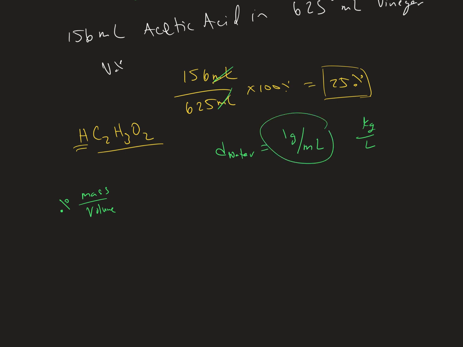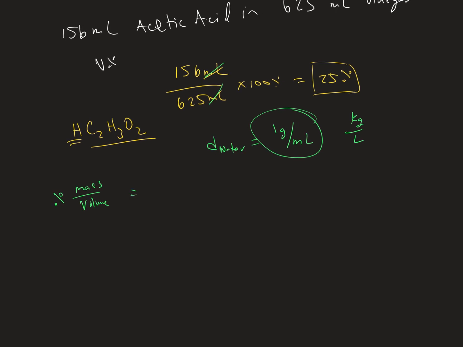But a lot of times we deal with grams and milliliters anyway. So this is equal to grams of solute over milliliters of solution times 100. And we can do that because 1 gram is equal to 1 milliliter. And so they do cancel out. Make sense?